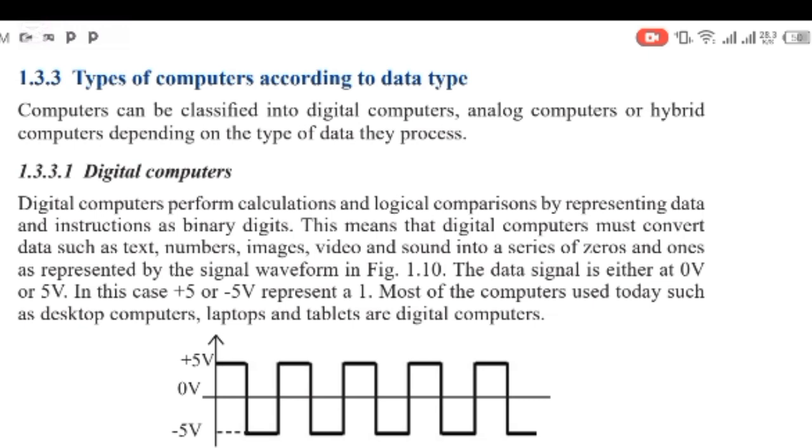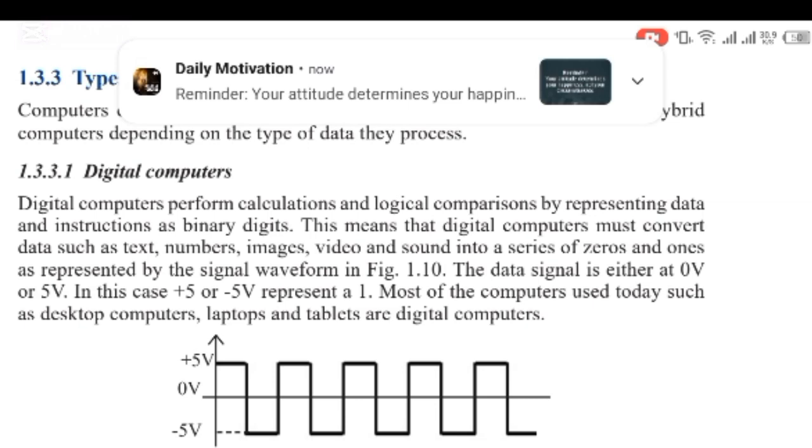When you enter any information into the computer, it has the capability to convert that information, written as text, into the form of zeros and ones to be interpreted by the processor, achieving whatever task you gave it to do. So I think digital computers are explained well.